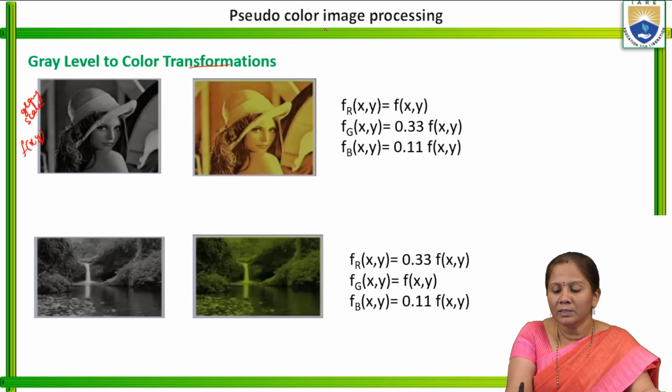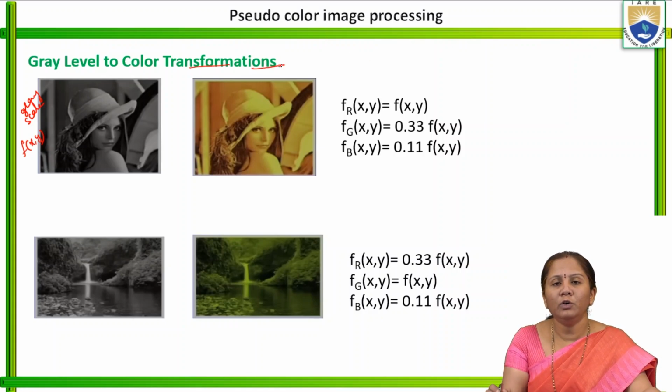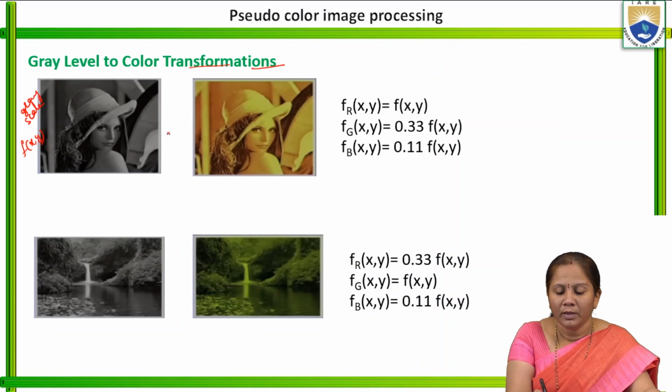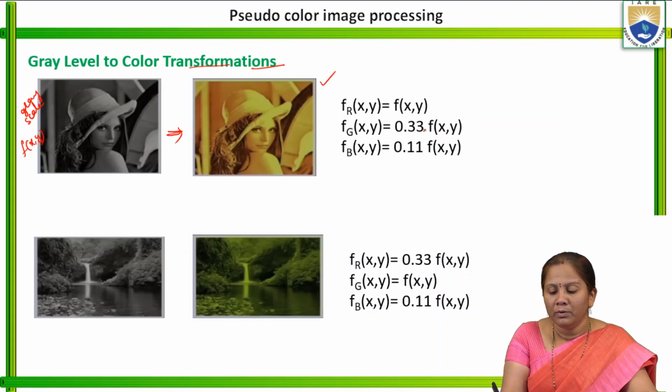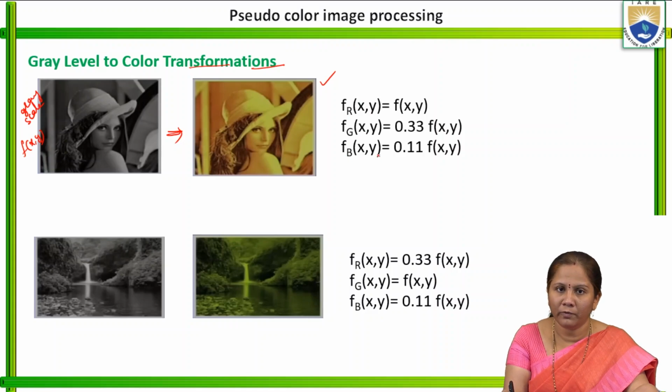After applying this gray level to color transformation, the output we obtain is a color image. After applying the transformation, we get fr of x comma y, fg of x comma y, fb of x comma y.